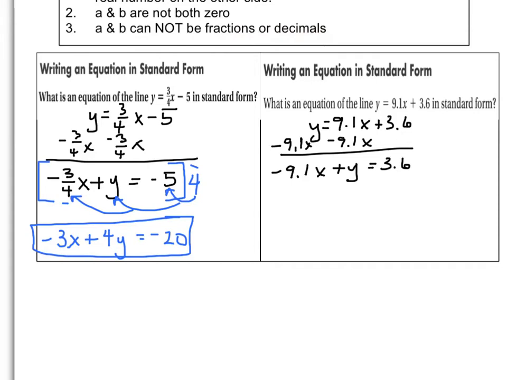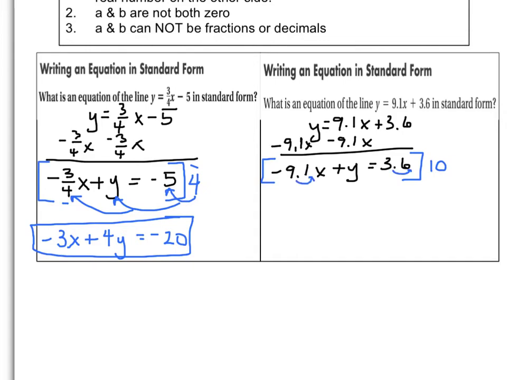So how are we going to get rid of these decimals? We're going to multiply everything by 10, because the decimals here are in the tenths place. It's going to take each one of these decimals and move it right one.